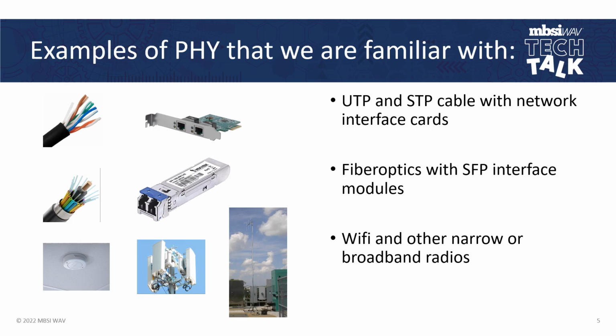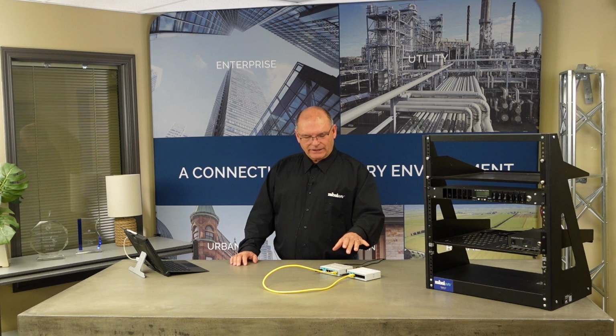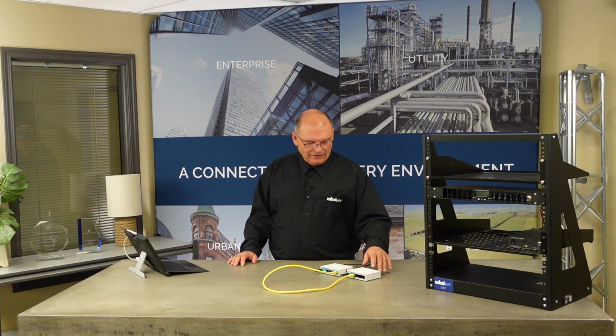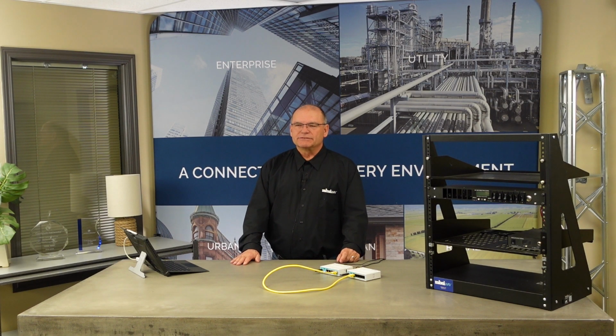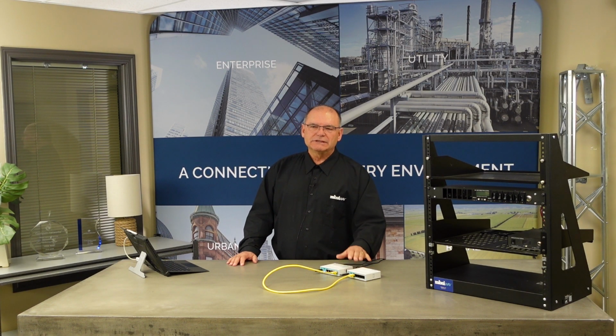The devices are normally female connectors like we have here on these two routers that are in front of me here. And then the cable that's connected between them, of course, will make that connection. How do we know we have a connection? Well, I've plugged them in and I have some LEDs that are on that tell me that yes, there is a physical connection between these two devices.